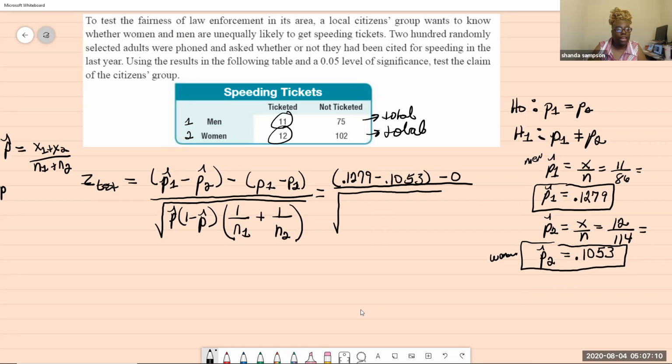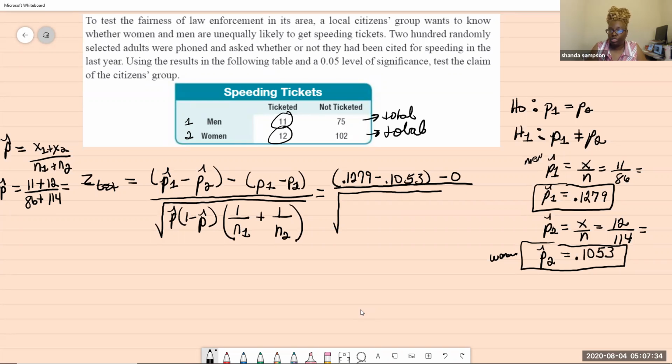Now, I'm not going to fast forward this because this is important. Students put this in the calculator wrong often. 86 plus 114 was the original 200 that was there.